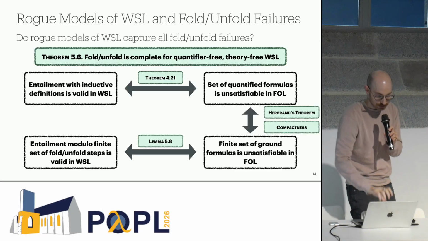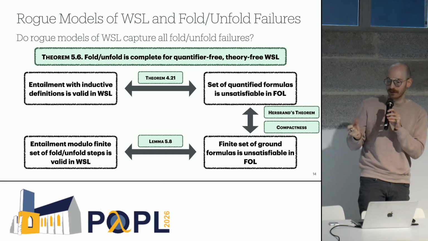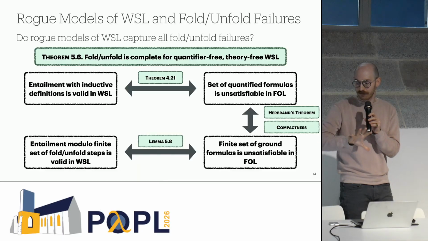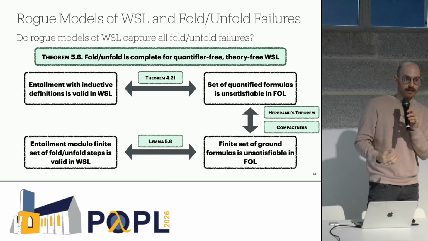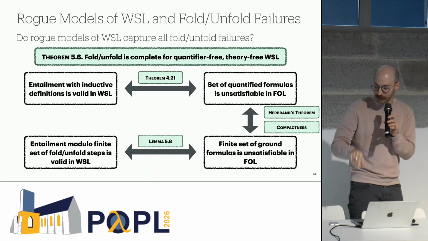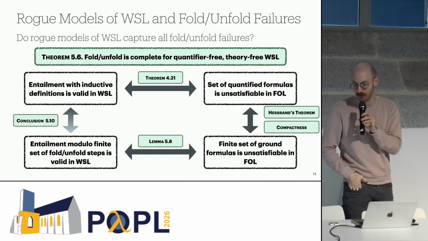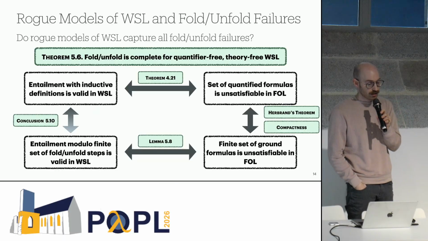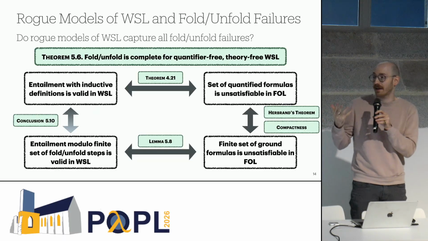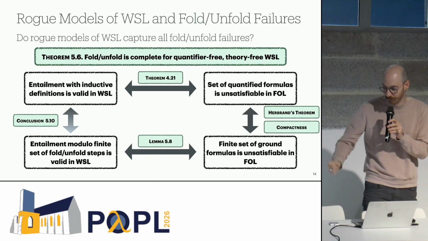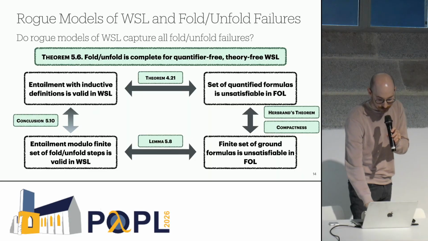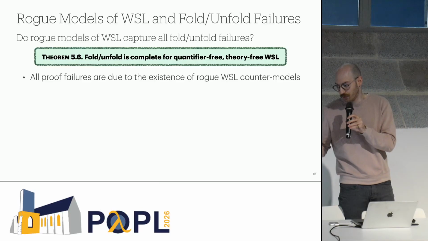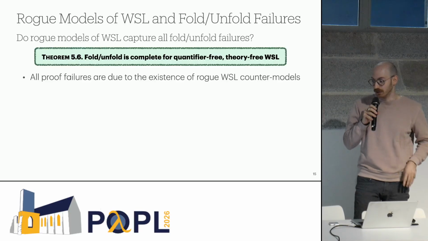And then we have this lemma that identifies a finite set of ground formulas in first-order logic with a finite set of fold-and-fold proof steps. And the result of this loop is that we can conclude that indeed entailments with inductive definitions are valid in weak separation logic if and only if there exists a finite proof with fold-and-fold reasoning, which means that fold-and-fold is complete. Great. So this means that all proof failures of fold-and-fold are due to the existence of rogue WSL countermodels.